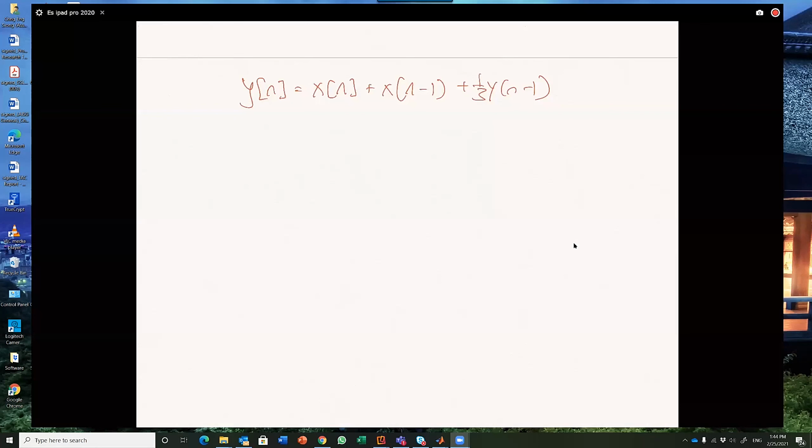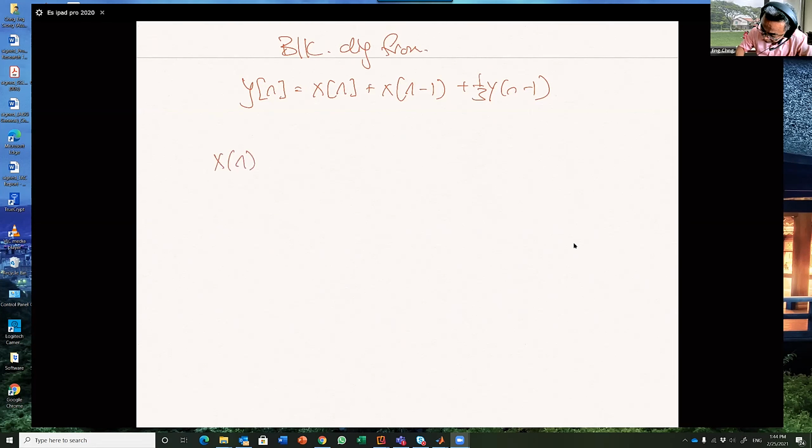Right, okay, I'm going to draw the block diagram from the difference equation. To draw the block diagram is easy. We always start with x[n], and then we go out and we say this is y[n]. Now, the multiplier is 1 because it is multiplying by 1.